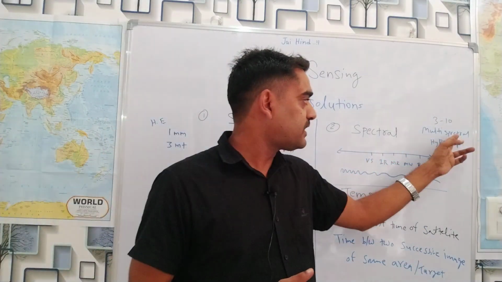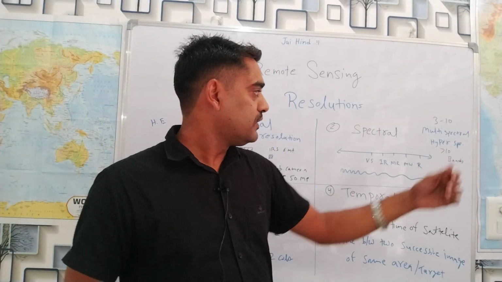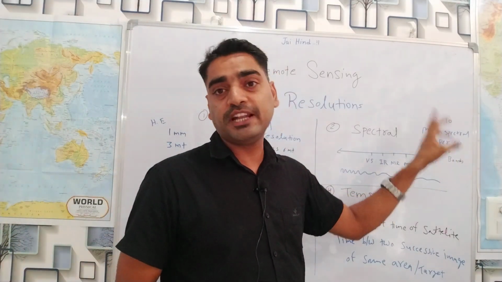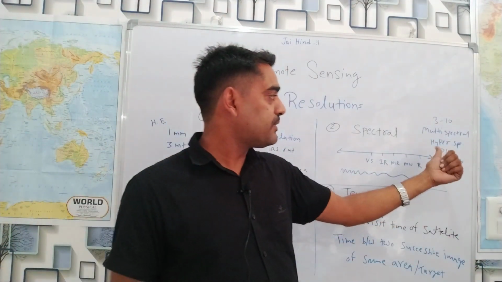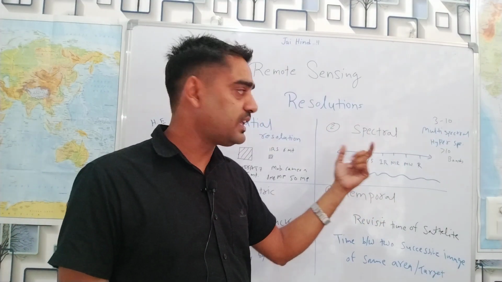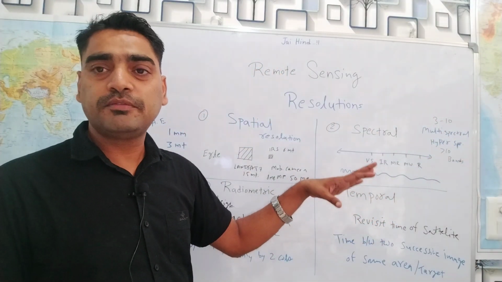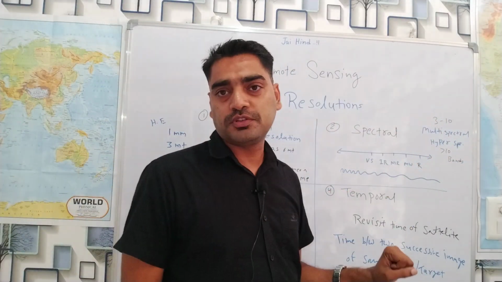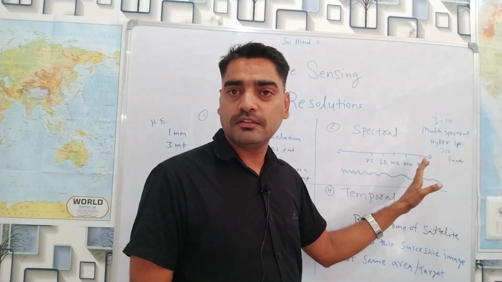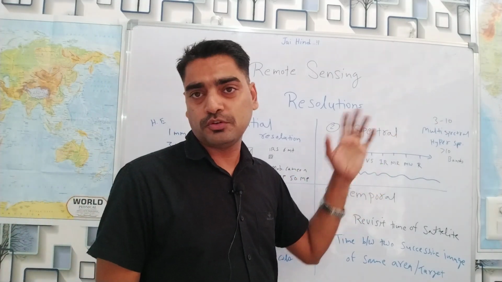Like in multispectral, the sensor uses 3 to 10 bands, and in hyperspectral remote sensing, the sensor uses more than 10 bands. So we can say that hyperspectral remote sensing has more spectral resolution than multispectral. In this way we can differentiate between spectral resolutions. When we can use multiple bands from a sensor, it means it has more spectral resolution.